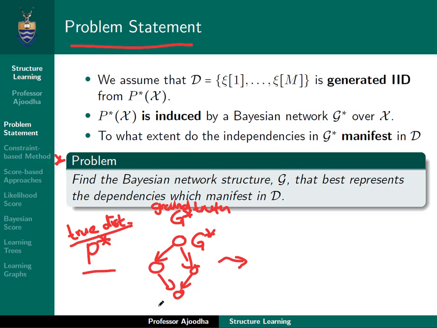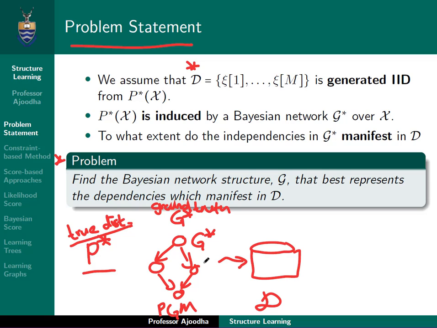It's a PGM, and from this PGM, information is sampled. This information is called D, the one I'm talking about here at the top. This is often what you see in machine learning problems. This is what you get to observe. For example, if you're collecting data on all of the students, then you're collecting D from this ground truth structure.